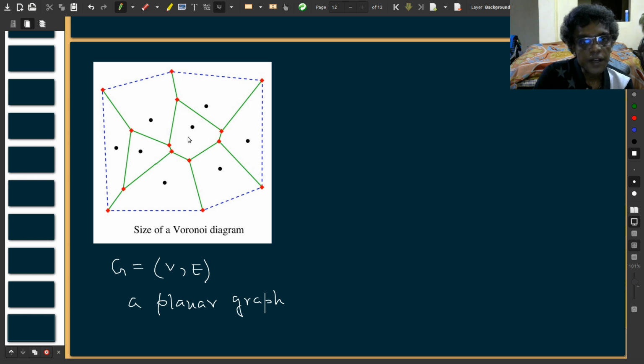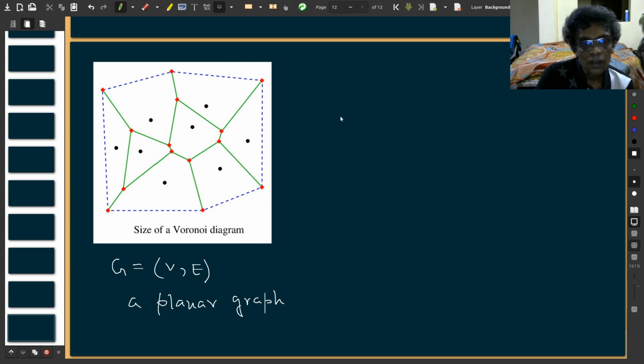And if I remove this drawing, let the points stay, this will give us the Voronoi cell for this, Voronoi cell for this, Voronoi cell for this, and so on, plus one unbounded region outside this boundary.